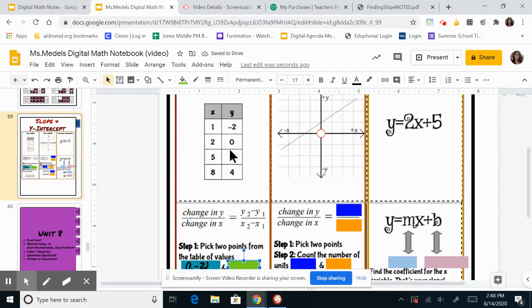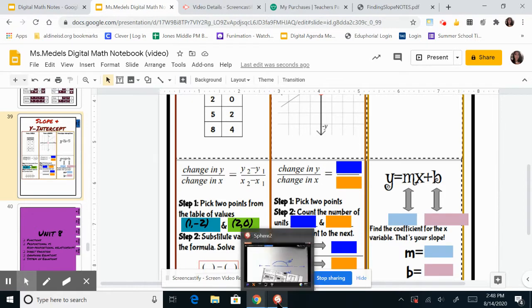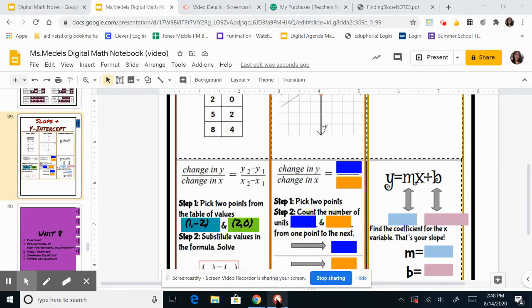And then I'm going to do 2, 0. Once I pick my 2 points, I'm going to substitute the values into the formula, y2 minus y1 over x2 minus x1. I'm going to show you how to do that in just a second.